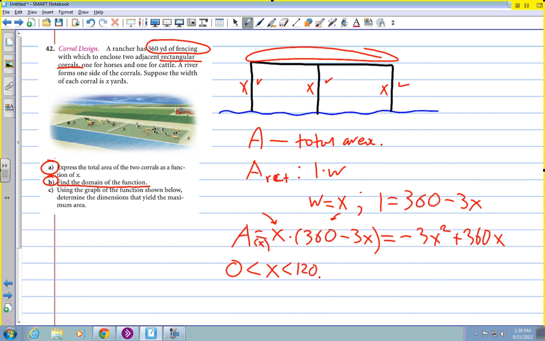By definition, I do have to build 3 of these things out of 360 feet. So it should be less than 120 each. If I let my x be bigger than 120, then I don't get to build 3 equal parts. So for this specific problem, x has to be between these 2 values. Does that make sense?